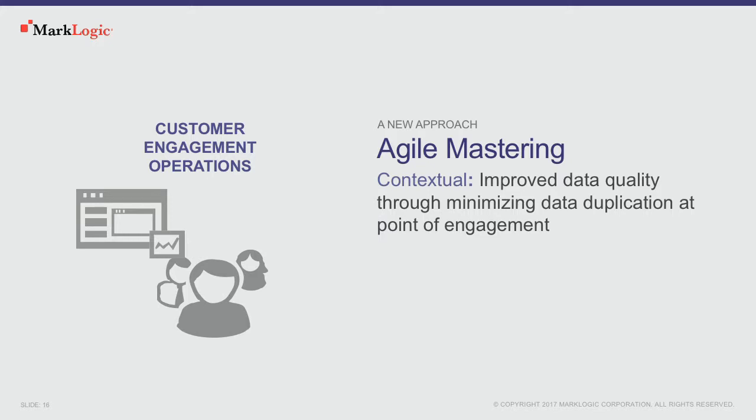So what you end up with is you never create the problems that you have to clean up in the first place. And so you don't have to do any of that back office work to do that cleanup. Contextual mastering saves you time. And in order to do it, you have to have an operational system to do it in.